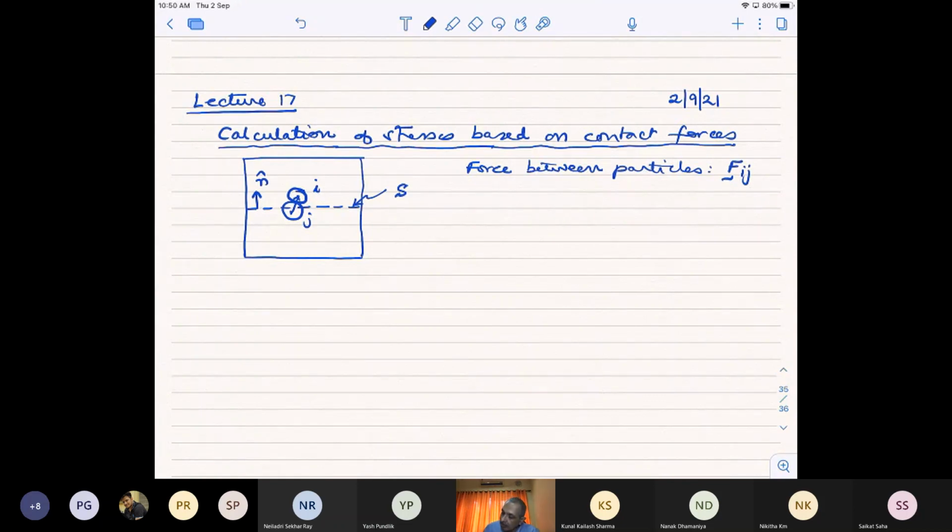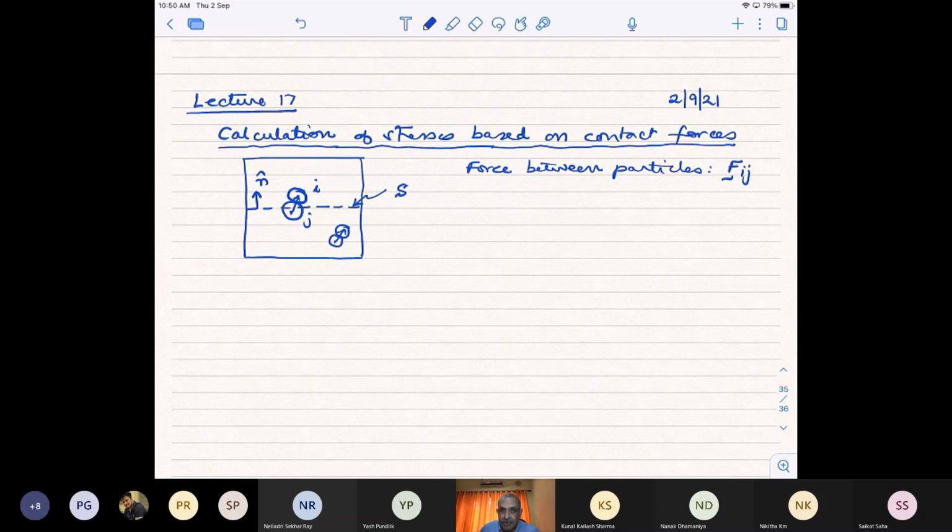But how do I know? If there are two particles that are over here, there may be an Fij over there also, but they are not going to contribute to the stress on the surface S. They have to be such that one particle is on one side of the surface and the other particle is on the other side of the surface.